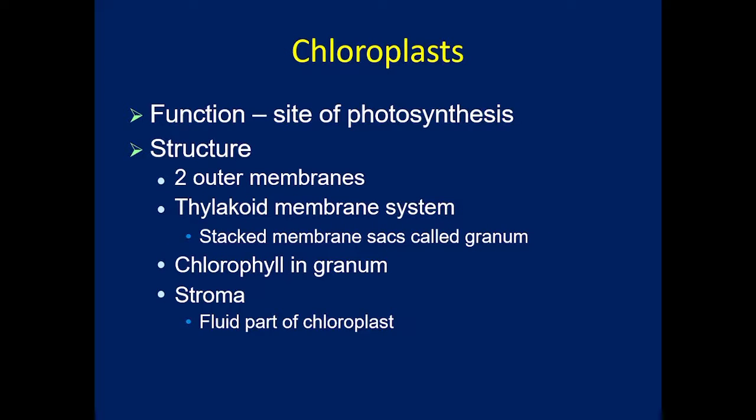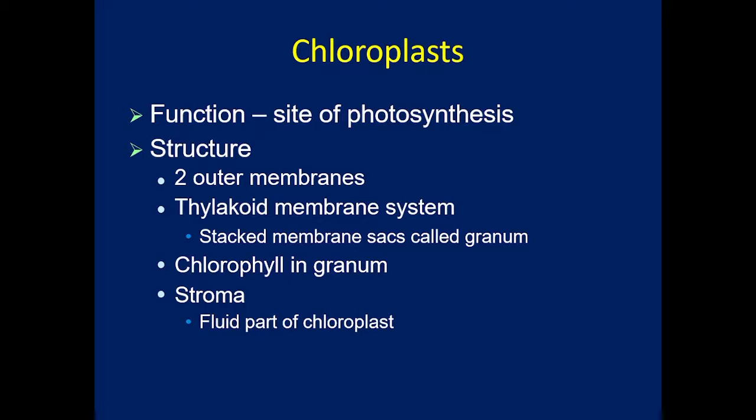The function of a chloroplast is to be the site of photosynthesis. Because of this organelle, the plant produces its own food, but it's not the case in animal cells.